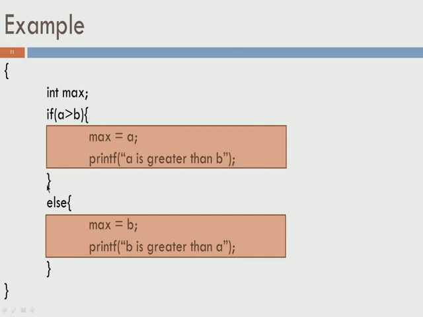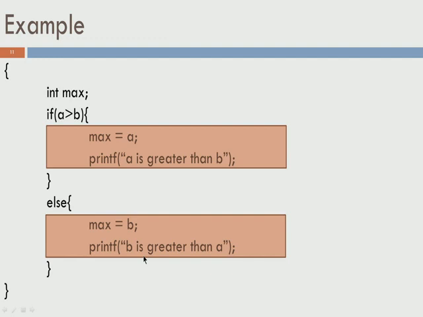Anything within this left and right brace is a block, and is treated as everything that should go under the true case. If a is greater than b is false, then max is equal to b, and you can print that b is greater than a. In fact b is greater than or equal to a in this case, it is not just greater, it is also equal. The braces say that this is one logical unit.